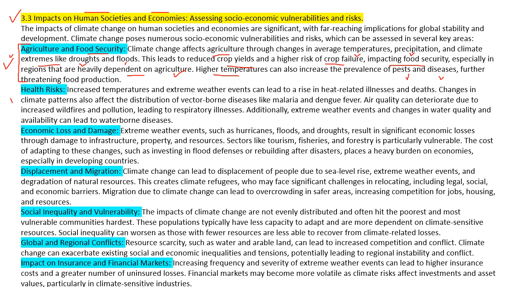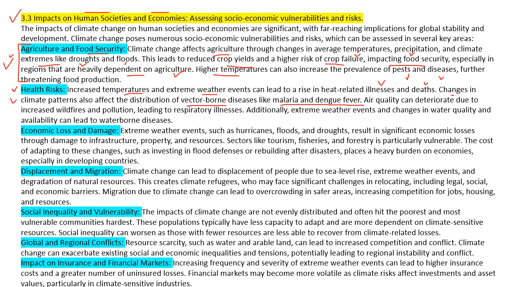The second point is the health risk. When the temperature rises and extreme weather rises, there will be a rise in heat-related illness and deaths. Changes in the climate pattern bring vector-borne diseases like malaria and dengue fever.